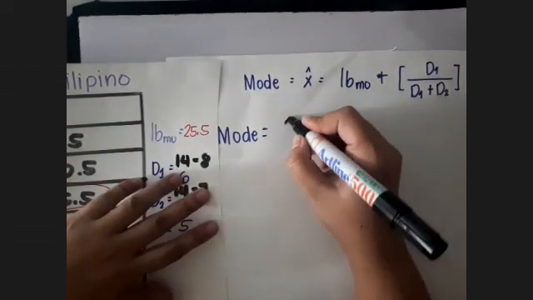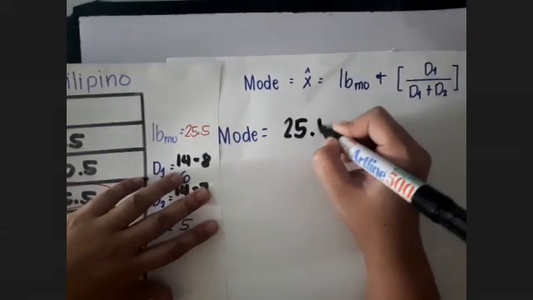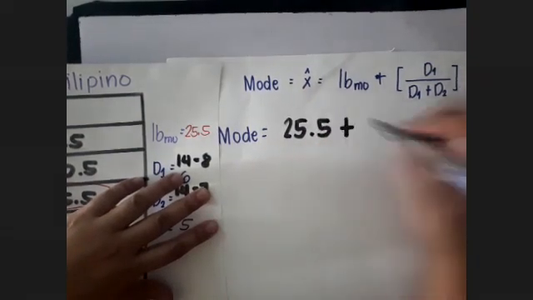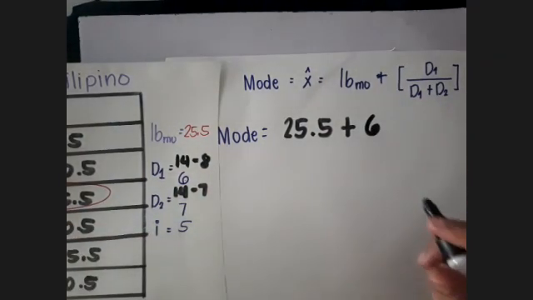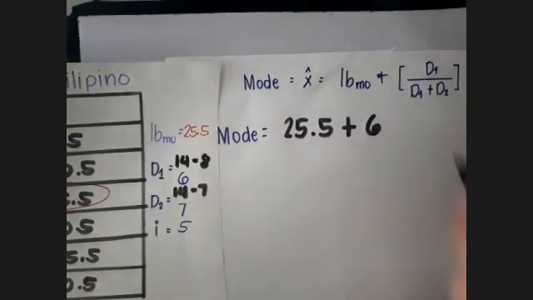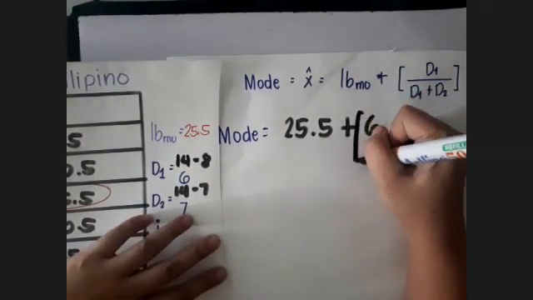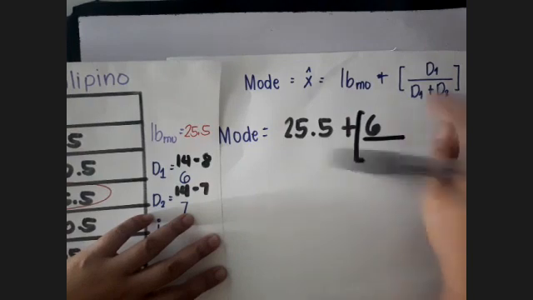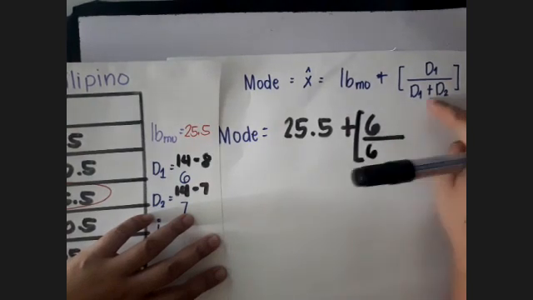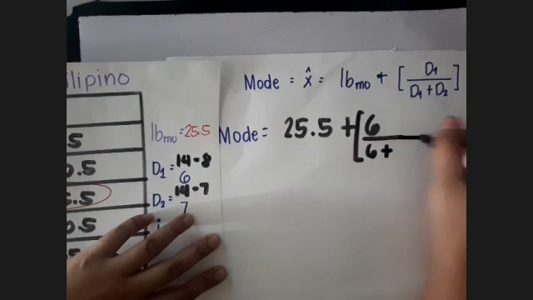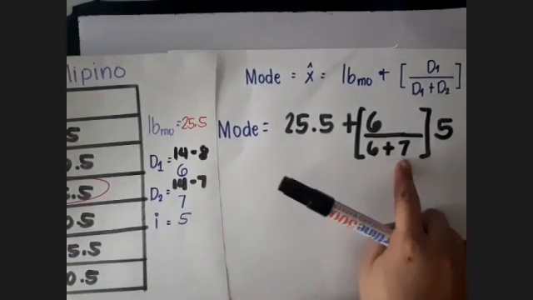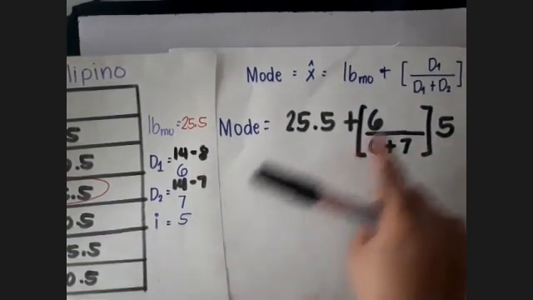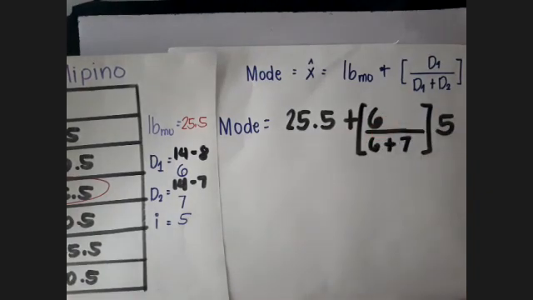We have 25.5 plus D sub 1 natin is 6. Next, lagyan pala natin ng ganito. Over D sub 1, 6 plus D sub 2, 7, interval 5. Can you follow? 5, 6 plus 7. D sub 1 natin is 6.